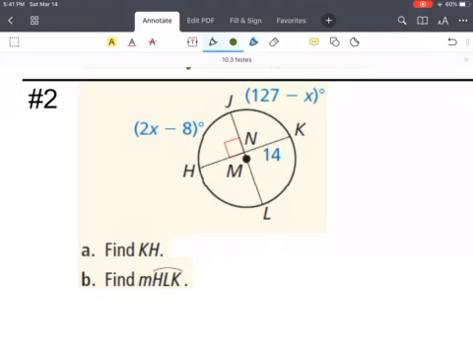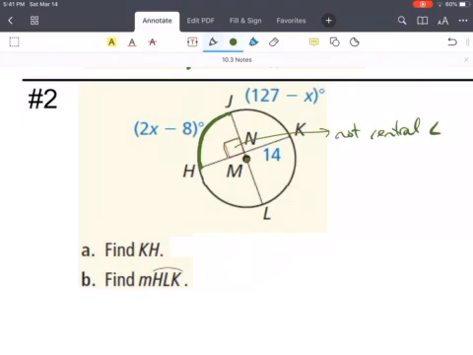In number 2, we cannot say that this arc is 90 degrees because of this. That is not true, because that is not a central angle. It's not at the center of the circle.